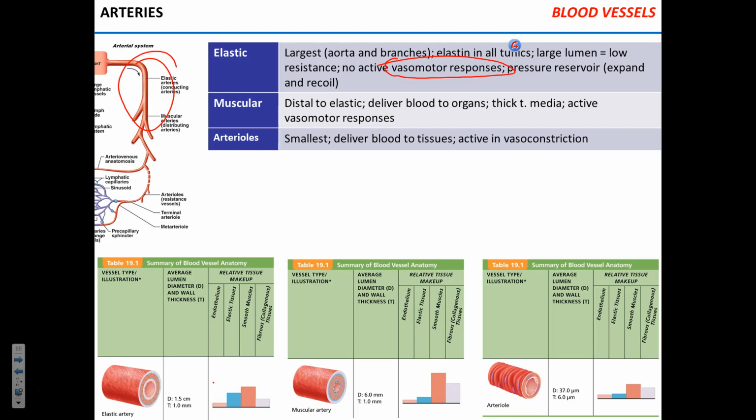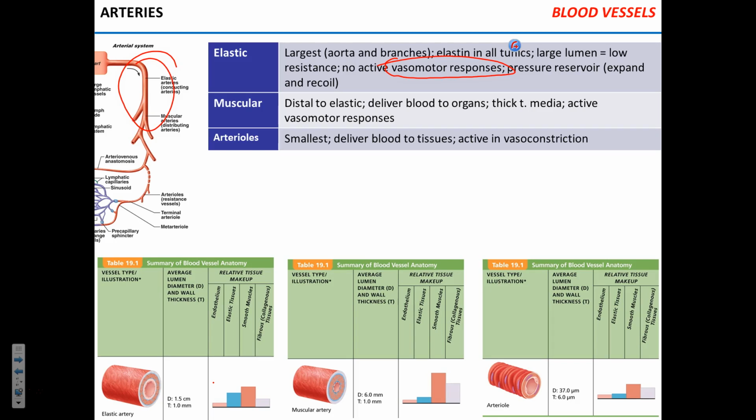Sounds totally weird. What is muscle contraction or relaxation in the vessel wall? What does it project to? How do we call this? Dilation or constriction, right? And it's great that those arteries do not have those responses. Because if your aorta constricts, you're dead.